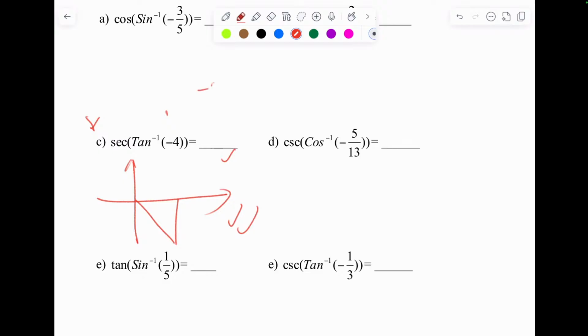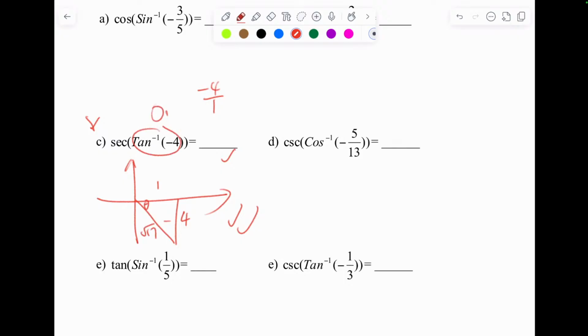It's going to be negative 4 over 1, right? But which one needs to be negative, the 1 or the 4? The 4 is negative. It's opposite, and this is 1, and this is square root of 17.